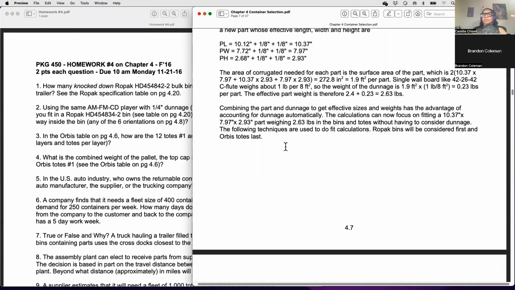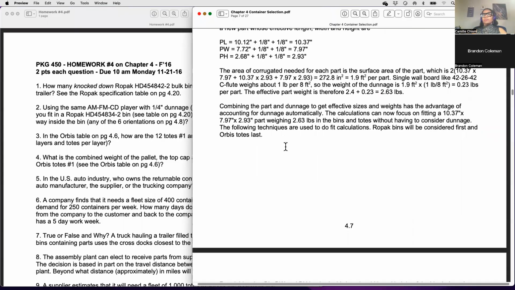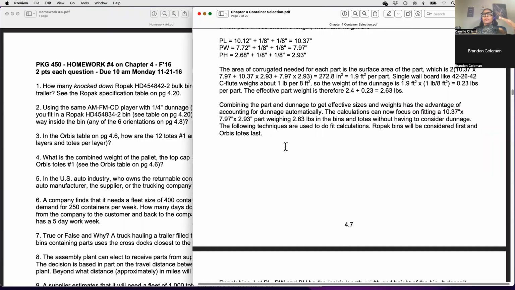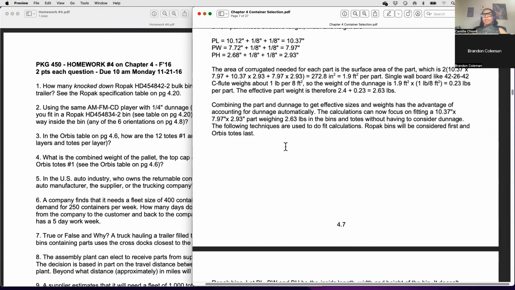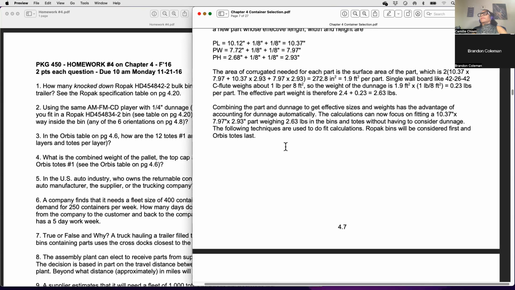It's a good second way to check and just make sure that you're not overfilling the bin or even underfilling it.